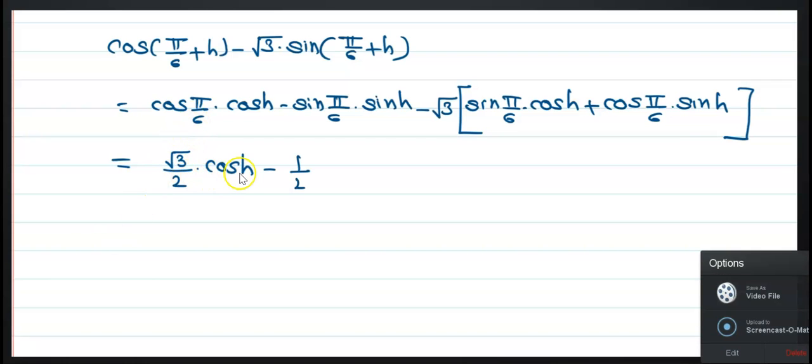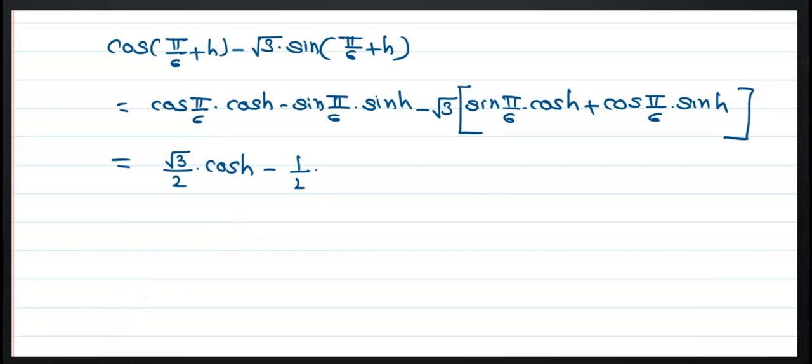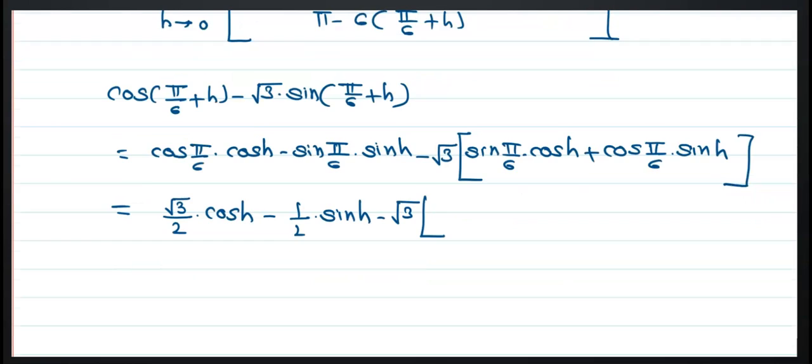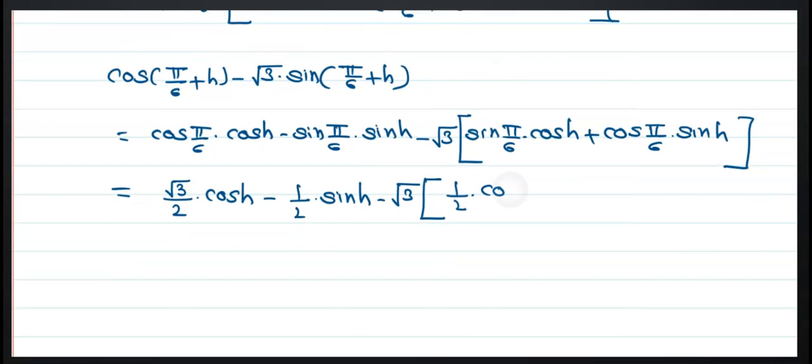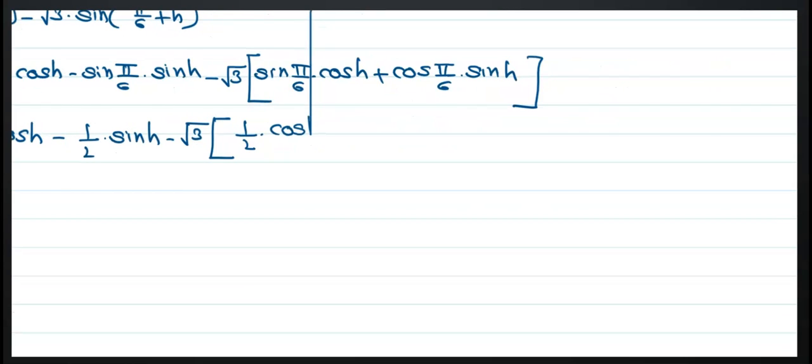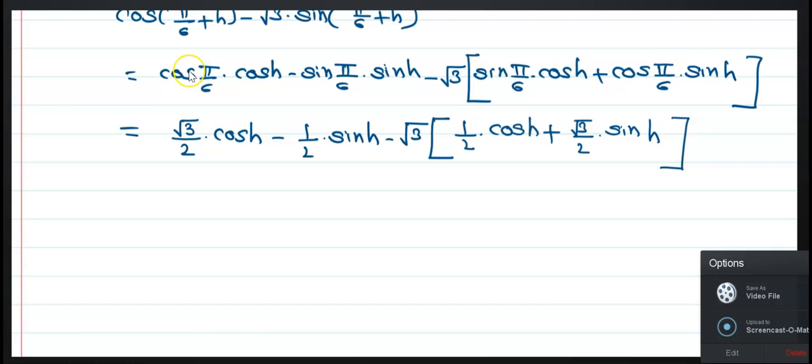See this here. Cos of pi by 6 is root 3 upon 2, cos h, minus sin of pi by 6, which is 1 upon 2, sin h, minus root 3 times sin of pi by 6 which is 1 upon 2, cos h, plus cos of pi by 6 which is root 3 upon 2, into sin h.